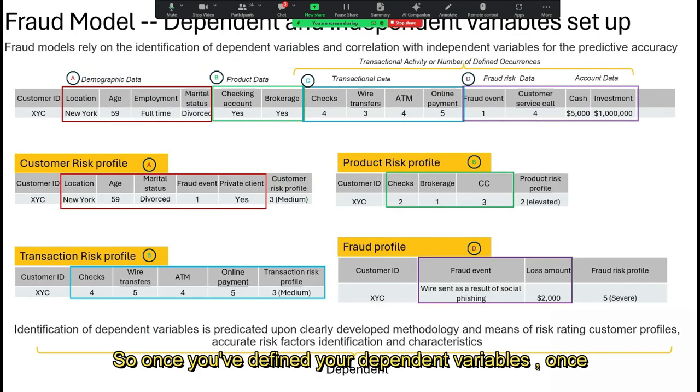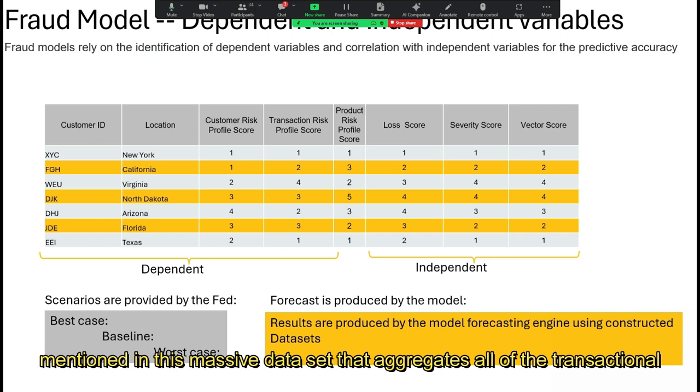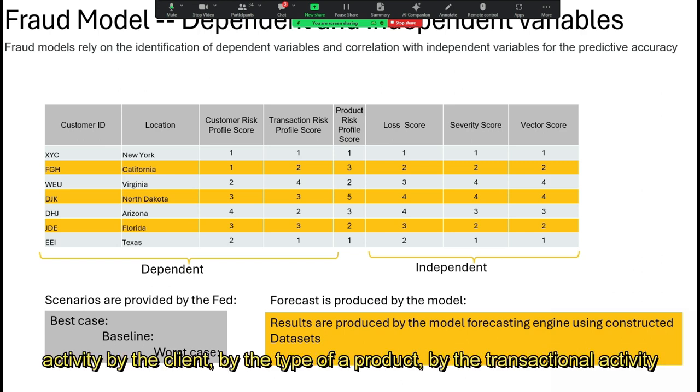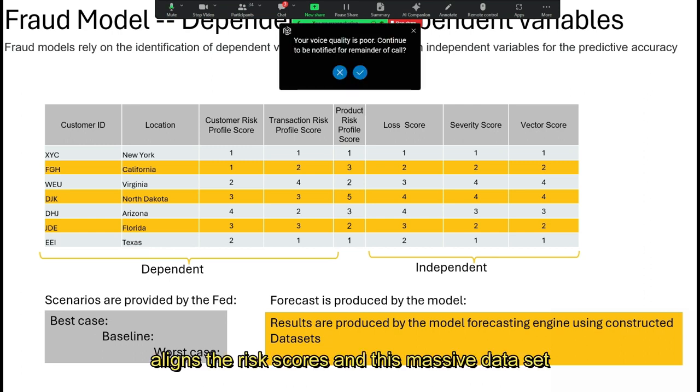Right. So once you've defined your dependent variables, once you've defined your independent variables, really they're put together, as I had mentioned, in this massive data set that aggregates all of the transactional activity by the client, by the type of product, by the transactional activity, by the actual historical fraud events, and aligns the risk scores.